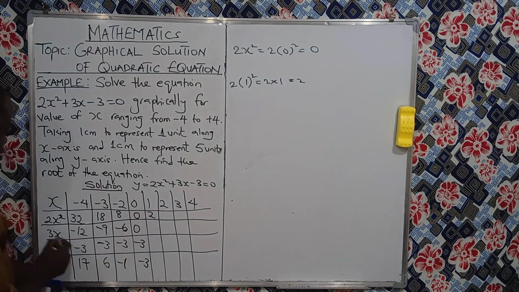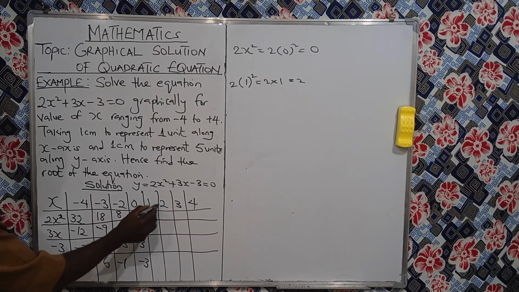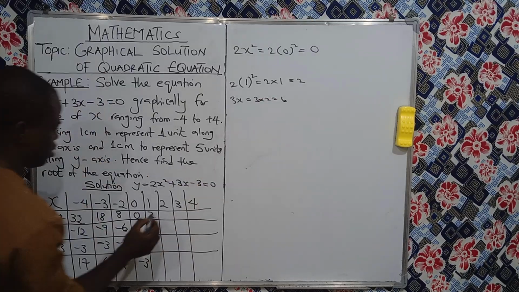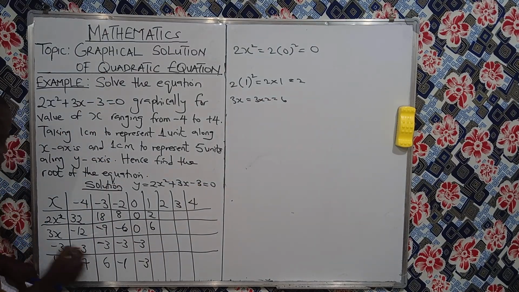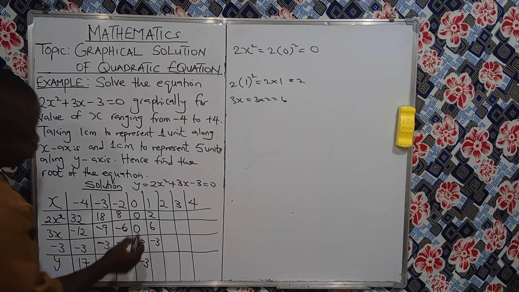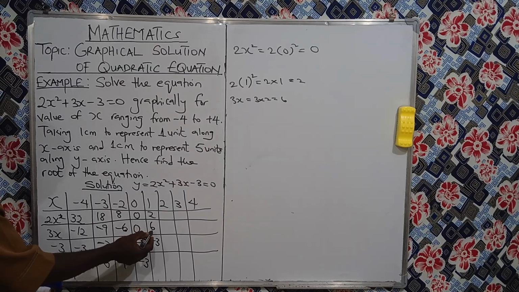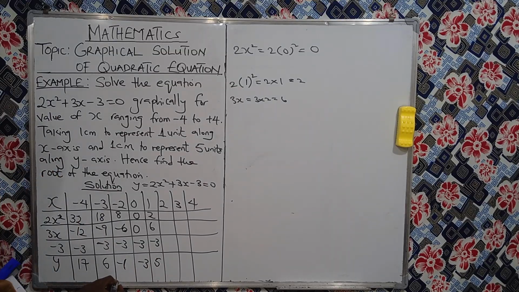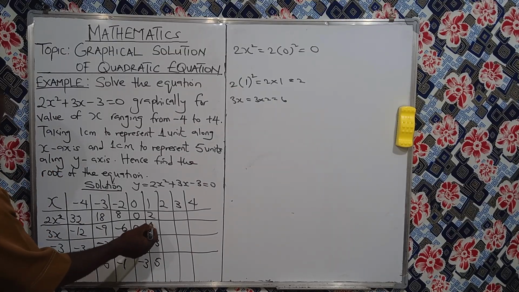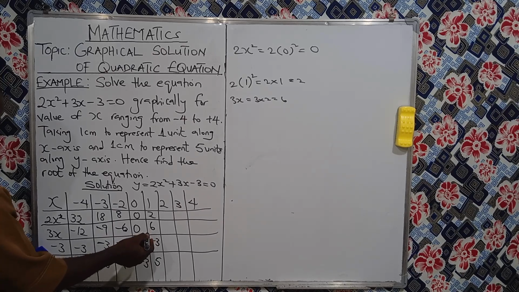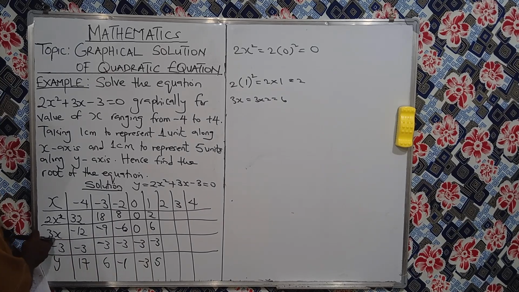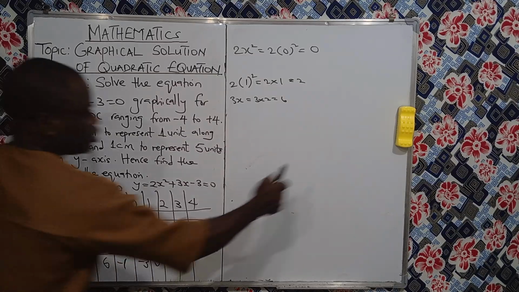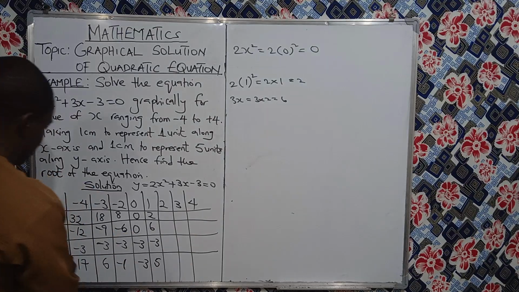We have 2 here. 3x equals 3 times 1. Okay, please, let's take note of this, it's a little mistake here.